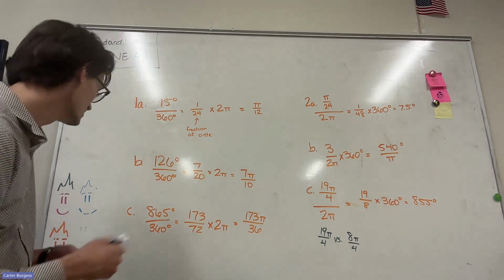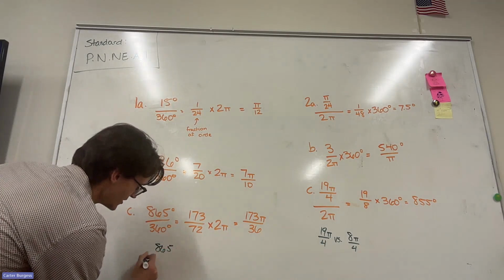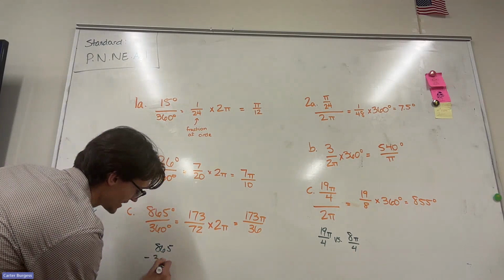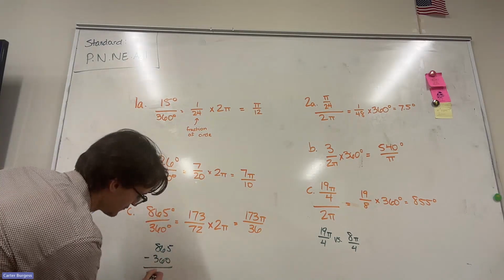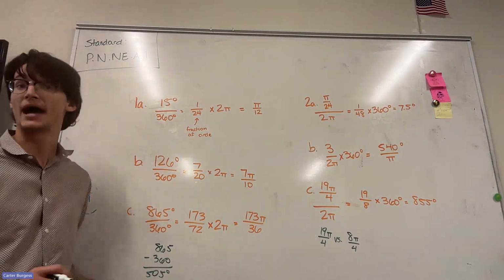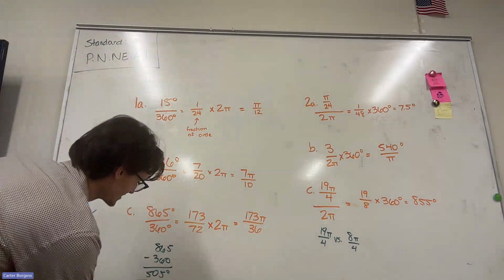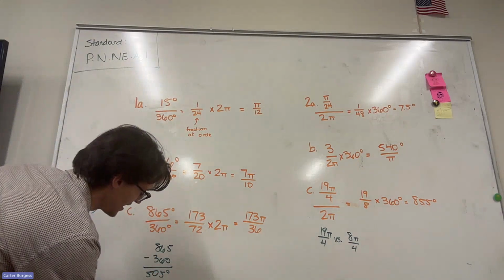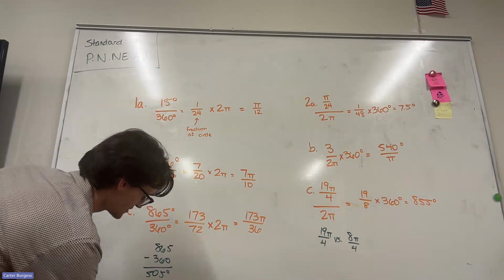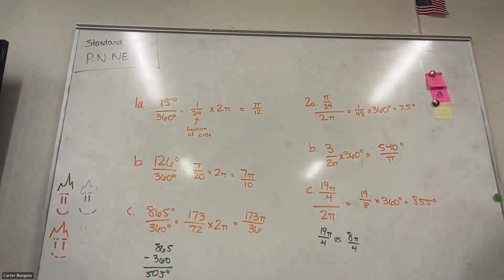Very good. So we could take 865 and we could subtract 360. This gives me 505, which is better, but still not quite there. So subtracting another 360, I get that this is very similar to 145 degrees. What about it is actually similar?